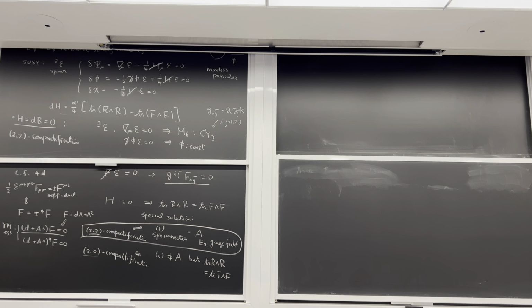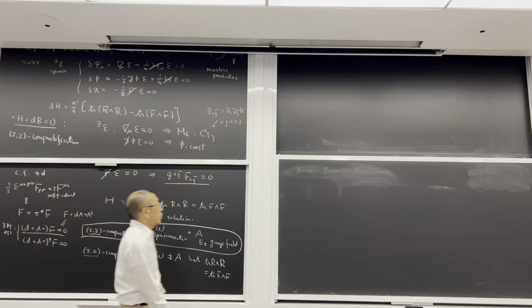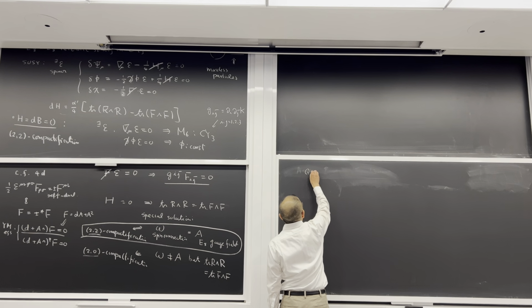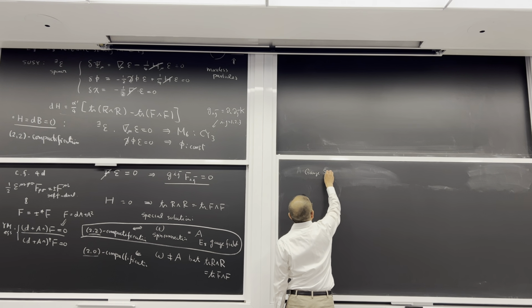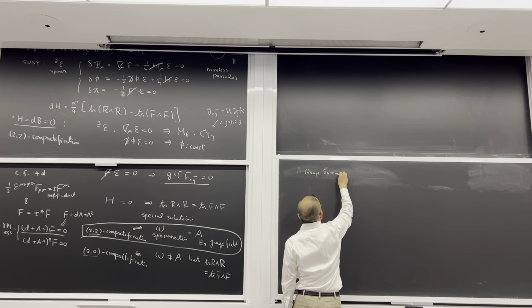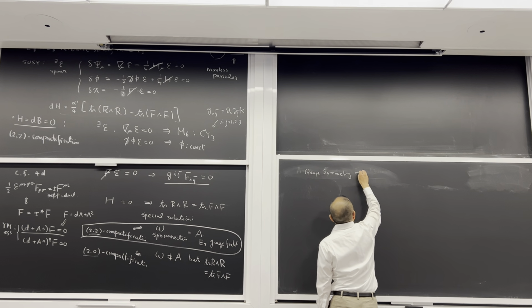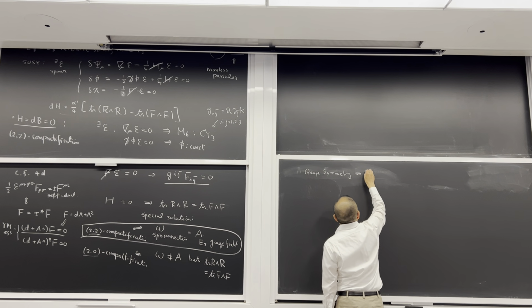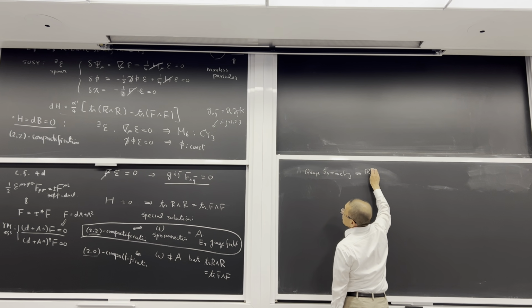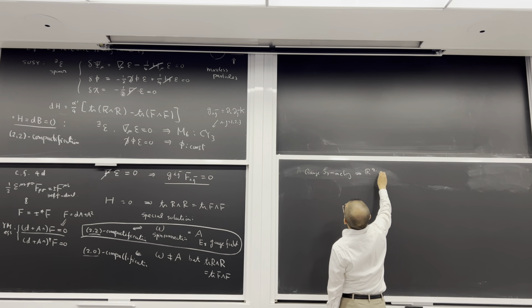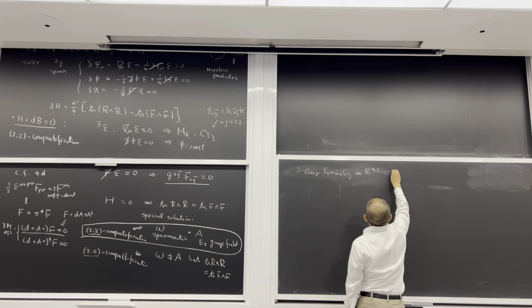Okay, so it's the E8 cross E8 heterotic string, so the gauge symmetry in the original 10 dimensions is E8 cross E8.